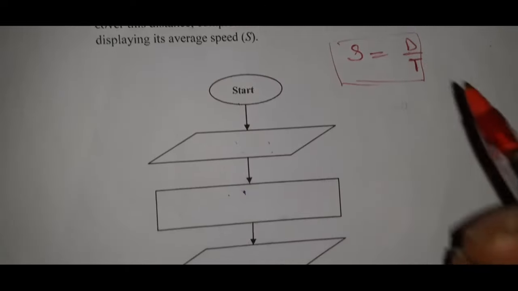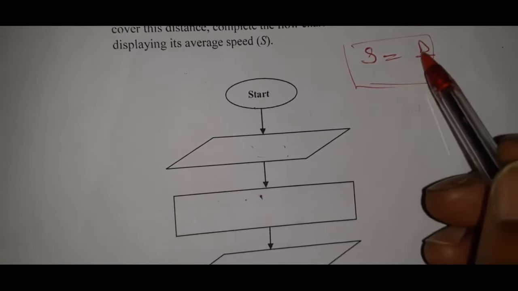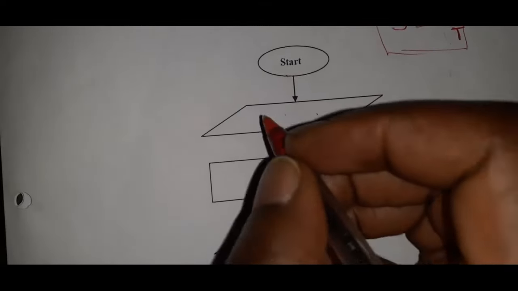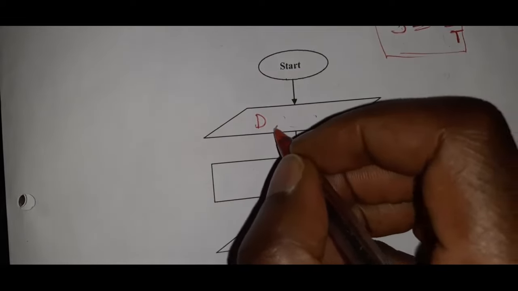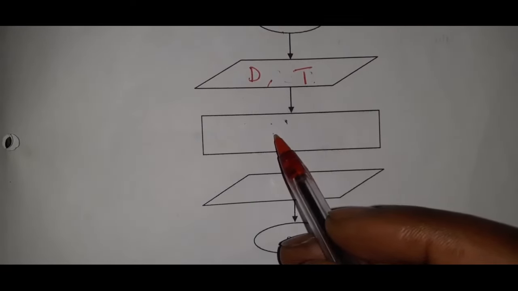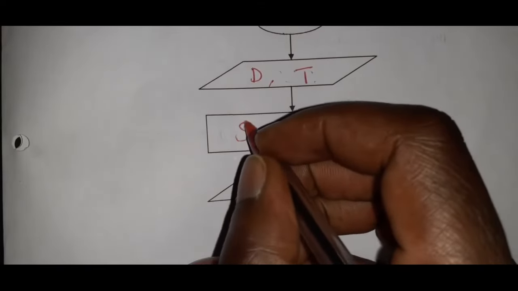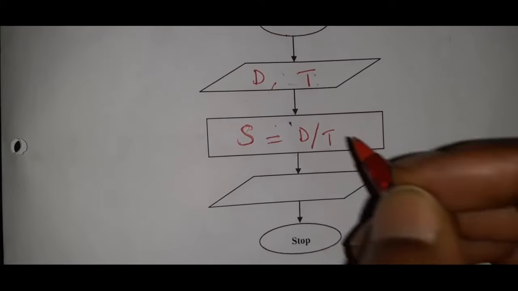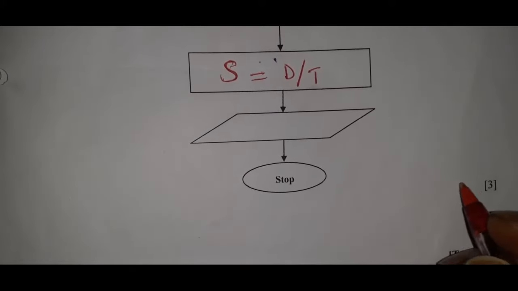So we have start, then what are we entering here? These that we are using to calculate speed. So we're going to say enter what? D and time. Then here what do we enter? Here we're going to say now speed is equals to distance over time.